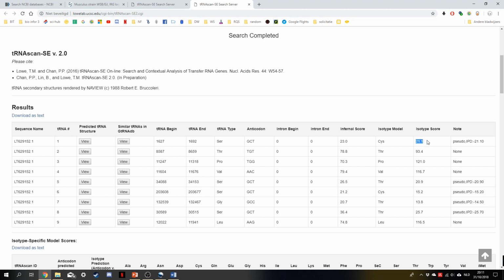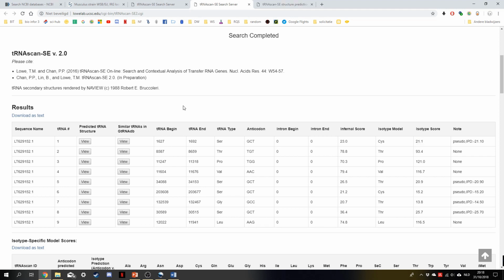So this further indicates that we are talking about a pseudo tRNA, because if it would be a real tRNA, it would identify with a higher score with at least one isotype, but it doesn't, and the reason why is because it's not a real tRNA.